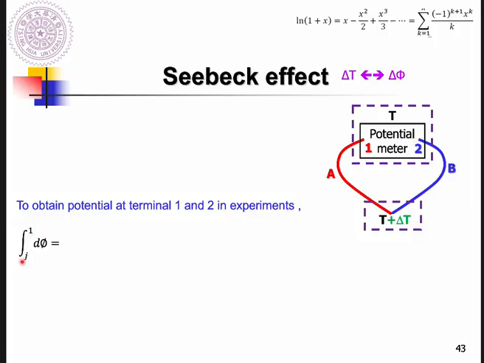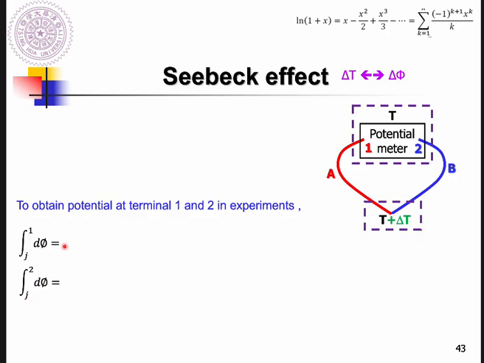if I integrate the potential along junction to 1, dφ, the electrical potential, then I also integrate the electrical potential from junction to 2.